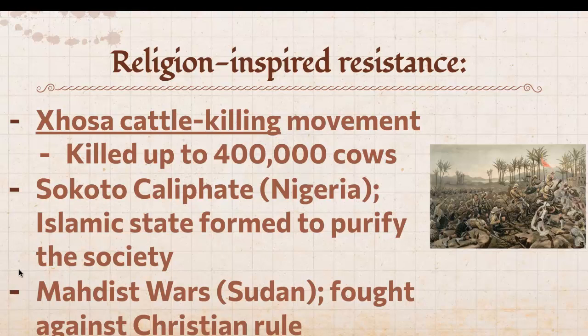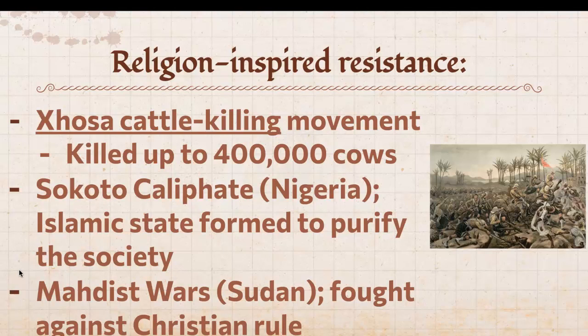And so they believed that if they sacrificed that many cows, the Europeans would leave and then prosperity will be brought back to their land. This did not happen. What happened was a lot of famine and starvation, unfortunately, because they did kill their food source.